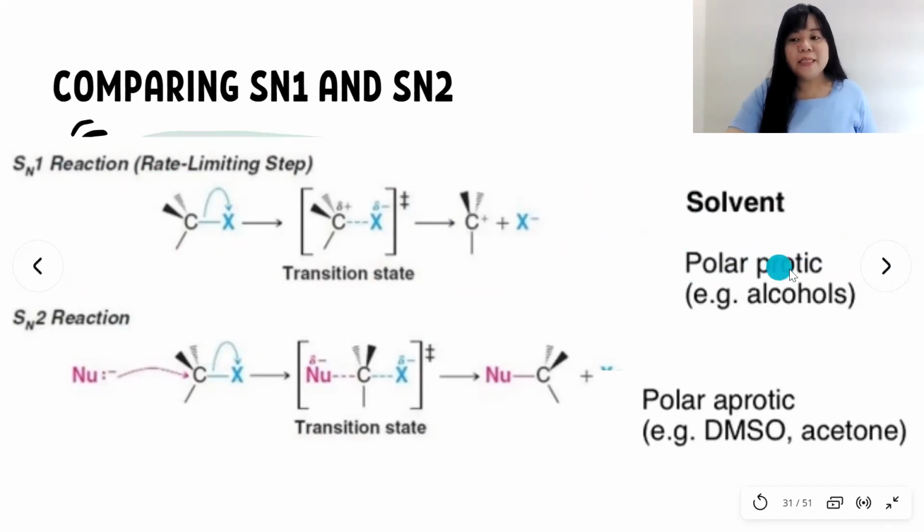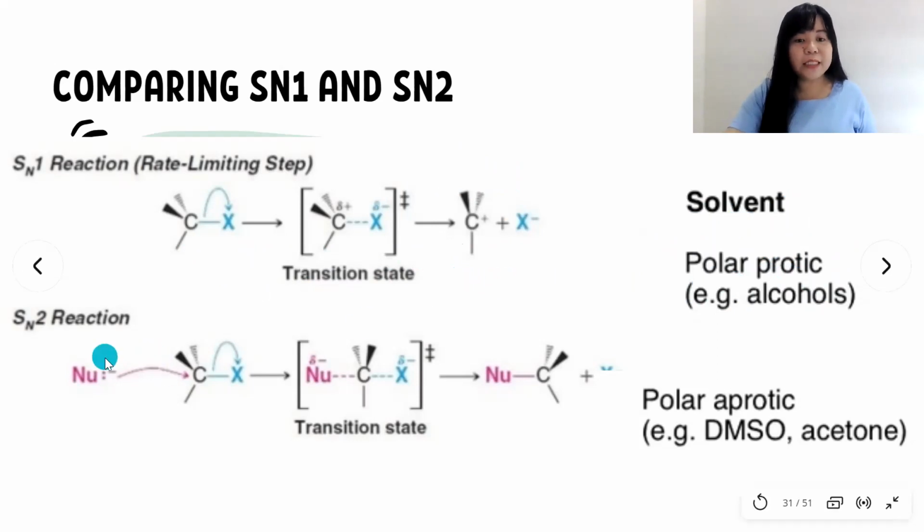Protic means that they're able to solvate protons, or H plus, or hydronium ions in the system. So in this case, polar protic solvents are advantageous because they're able to dissolve carbocations better. So when the carbocations are more stabilized, this reaction becomes faster.